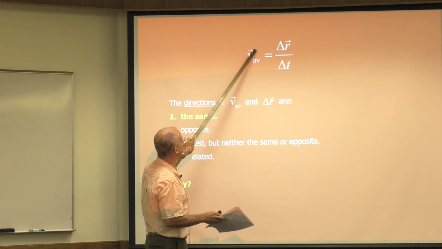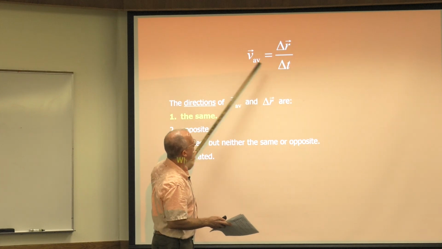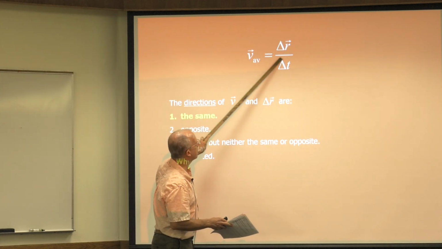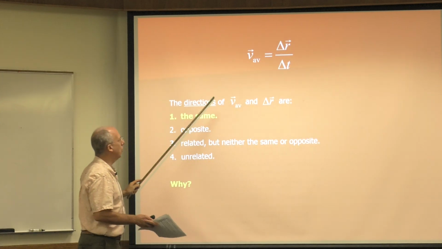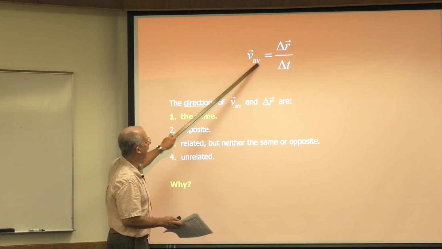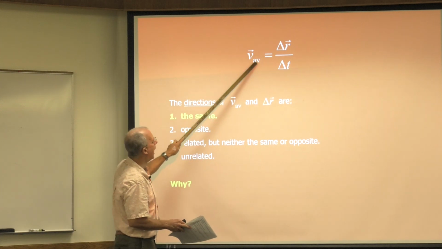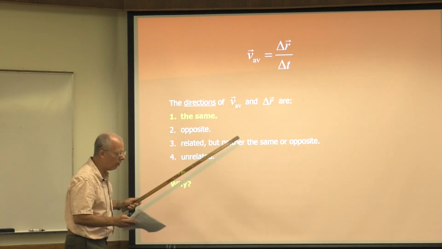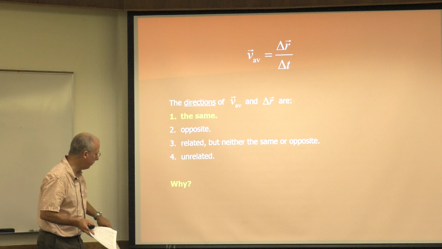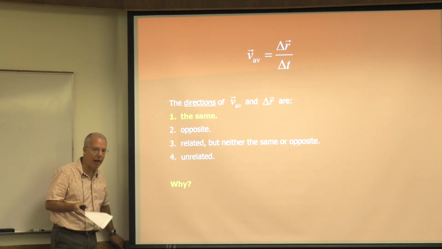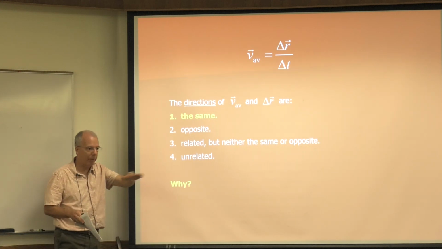So if this is positive, then this is positive. If this is negative, then this has to be negative, all right? So the sign of this has to be the sign of this, because this is always positive. So if the signs are the same, it means that the directions are the same. That's how you figure out the directions, by the signs. All we're doing is one-dimensional right now, by the way.